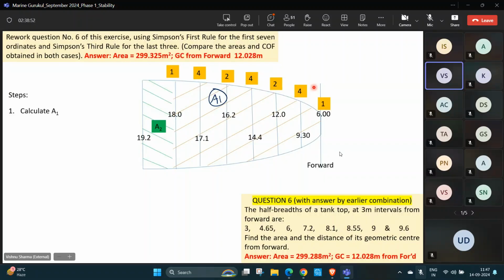Can you please quickly calculate area? Then we'll come here. Give me area A1. Calculate. I have the values. Make the table for A1 including the multipliers and everything. Calculate A1. Please complete.